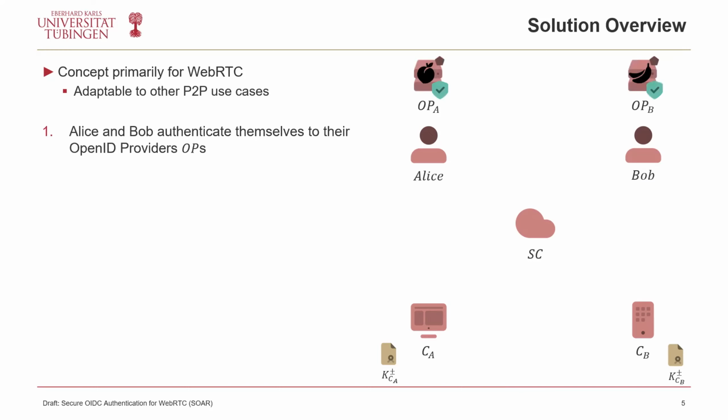At first, Alice and Bob need to authenticate to their identity providers. In these examples, we will not use Apple or Google IDs. Instead, we will use another fruity identity provider, which is called the Apricot identity provider for Alice and the Banana identity provider for Bob.